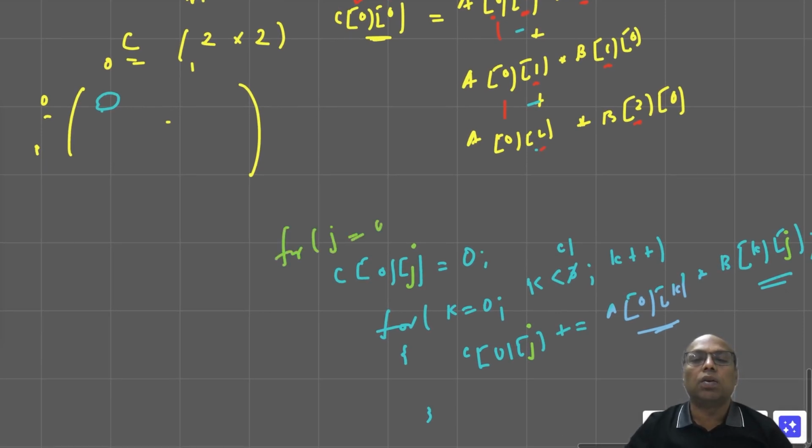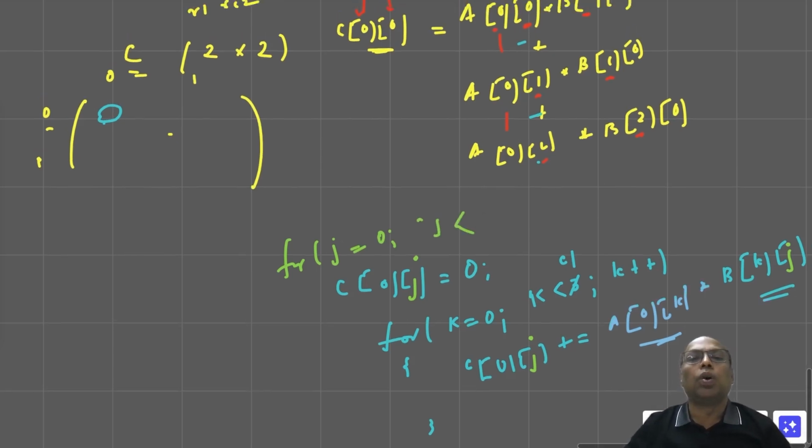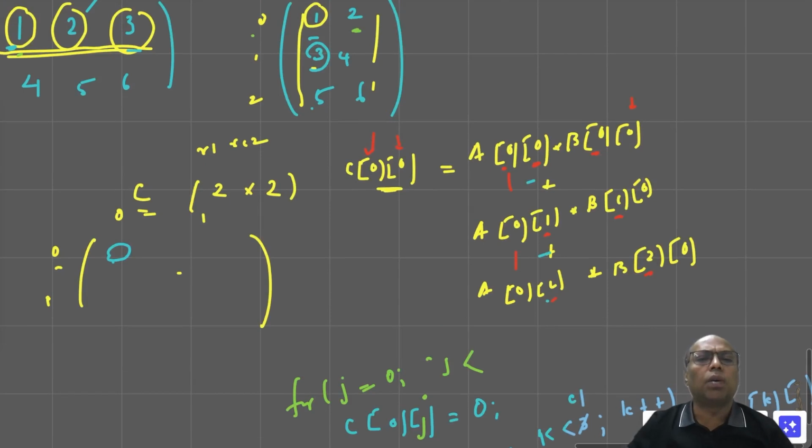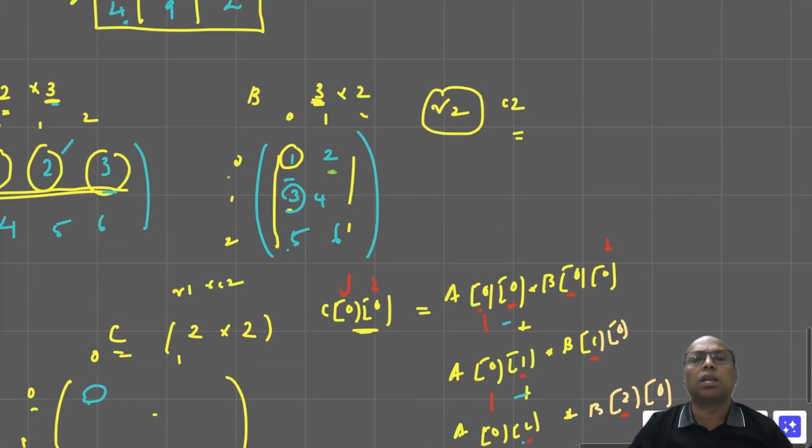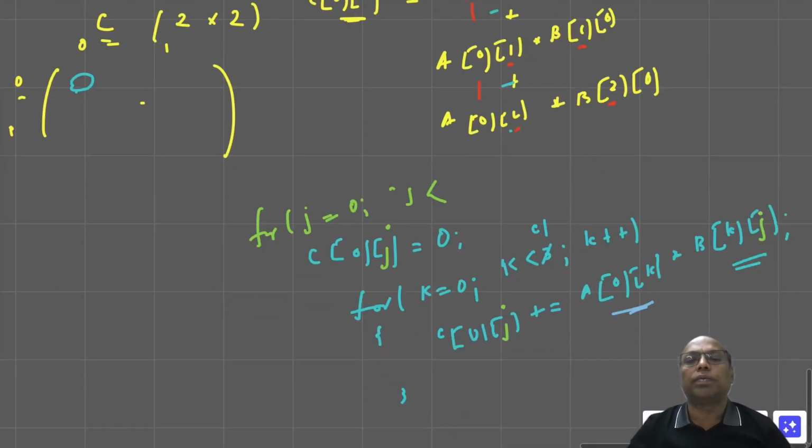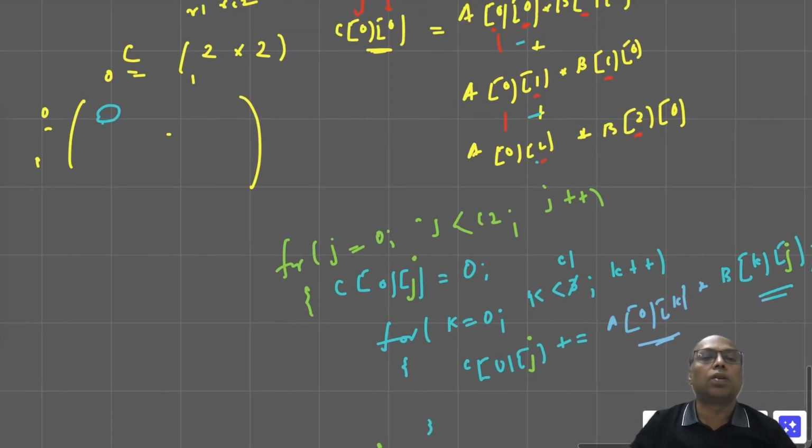J is equal to 0. J is less than what? How many times? 2. 2 is nothing but the column of the second matrix, C2. Right? J plus plus. By this, I got a solution for these two.